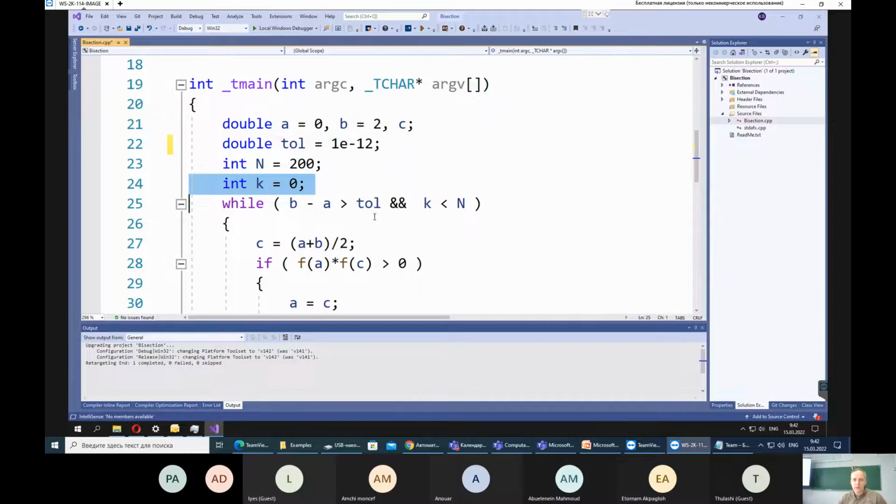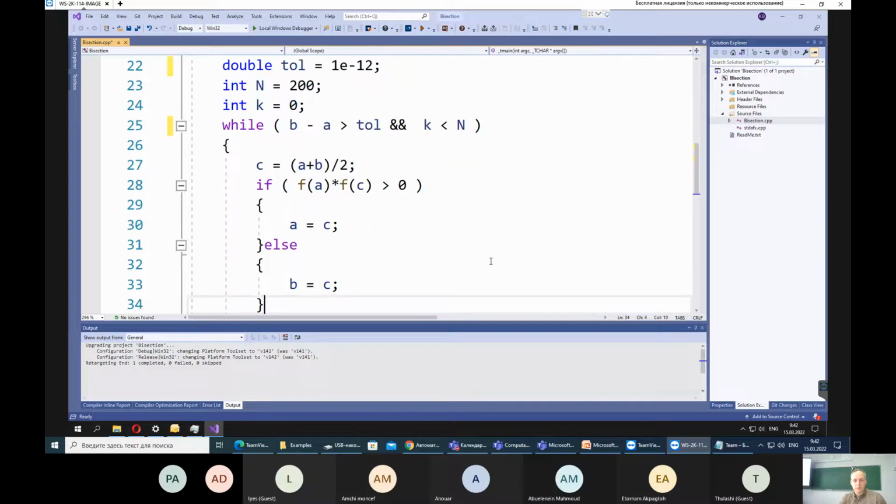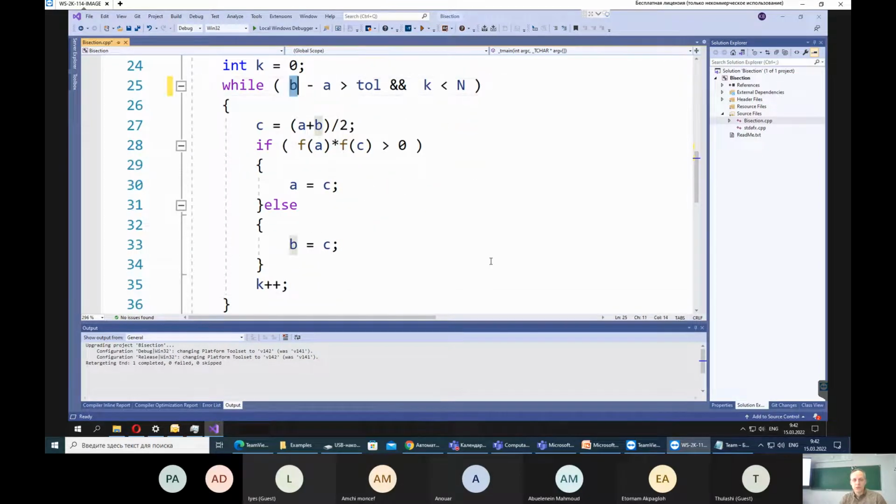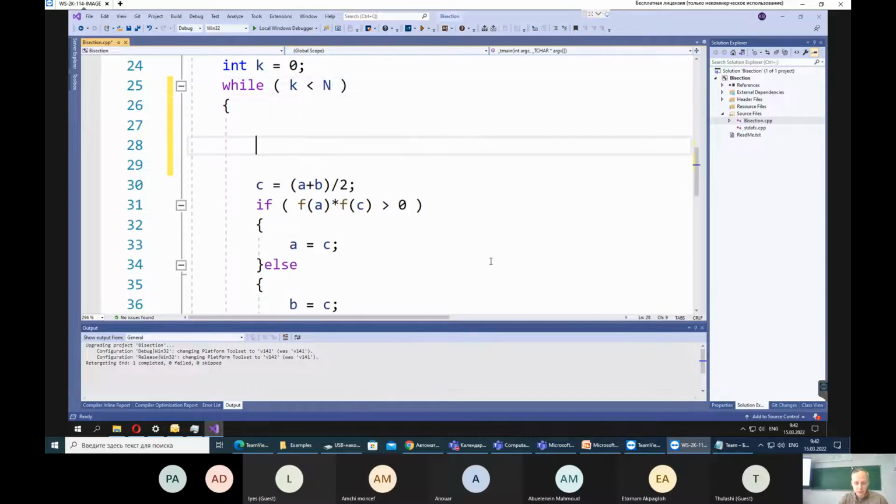I write these conditions here. Or if you want, I can write it exactly as written in pseudocode.